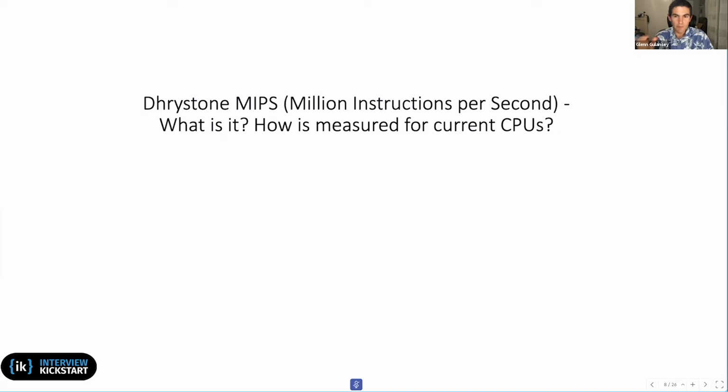because you could have a processor that has more complex instructions that take longer, take multiple cycles per instruction, but might do more as well.